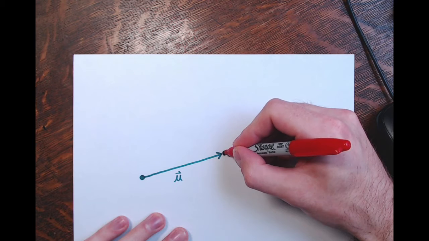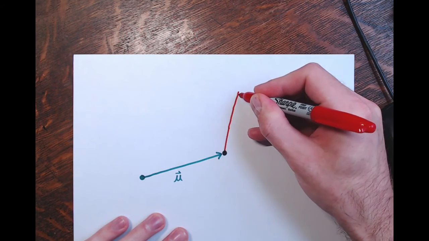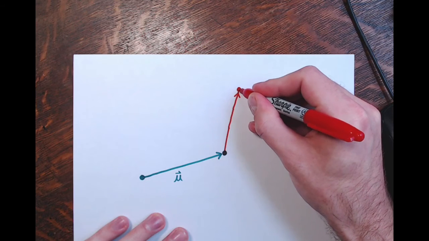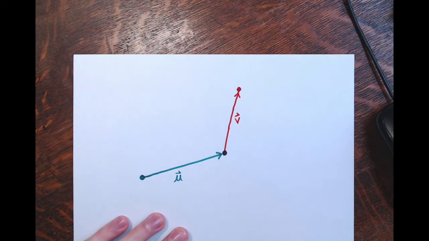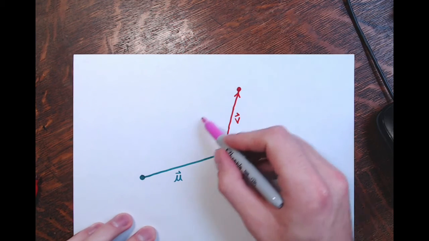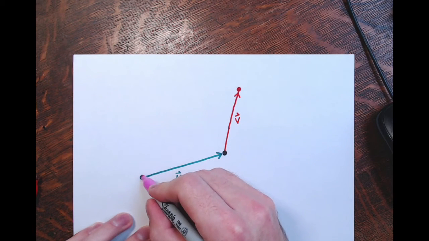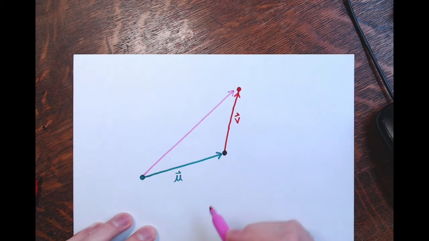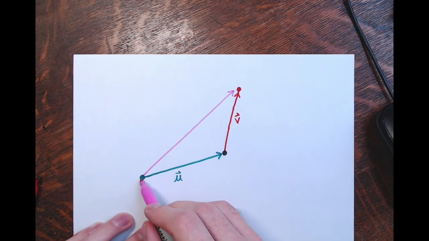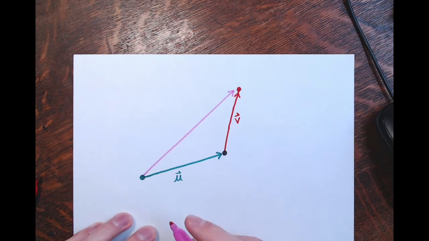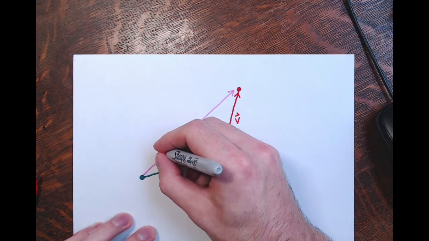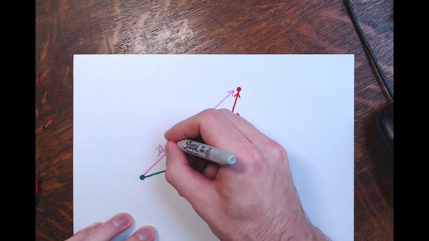Now say vector v points in this direction. So say there's vector v. Well then, u plus v is this vector here. Going along u and then adding v is essentially doing this: starting at the initial point of u, ending at the terminal point of v. This pink vector I just drew is the vector u plus v.